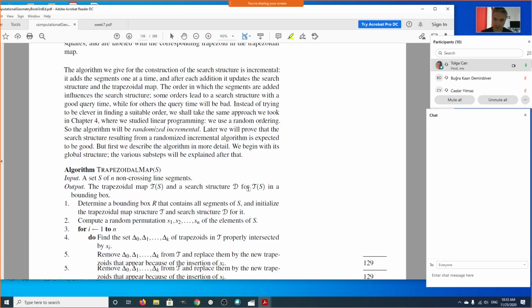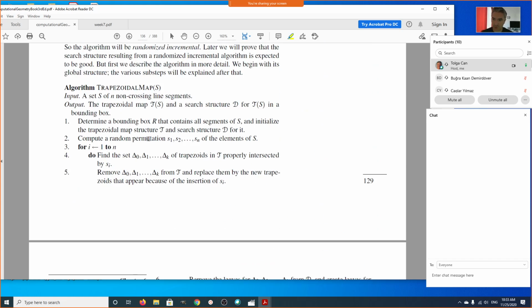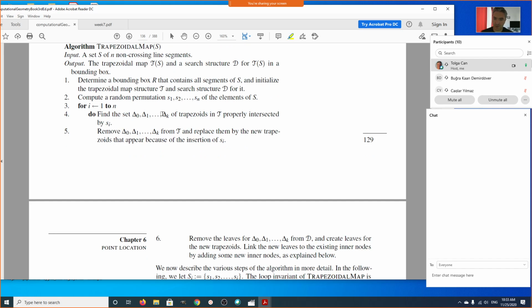So let me show the trapezoidal map in this incremental algorithm. If you look at the pseudocode, it's just lots of English words. We just have a for loop that says insert every segment one by one. First, find the set of trapezoids intersected by your new segment. Remove those trapezoids because they're going to be affected, which means they're all going to have to be divided into smaller trapezoids.